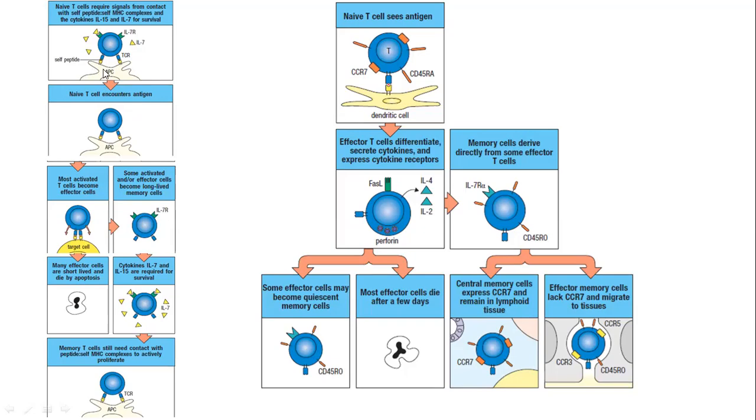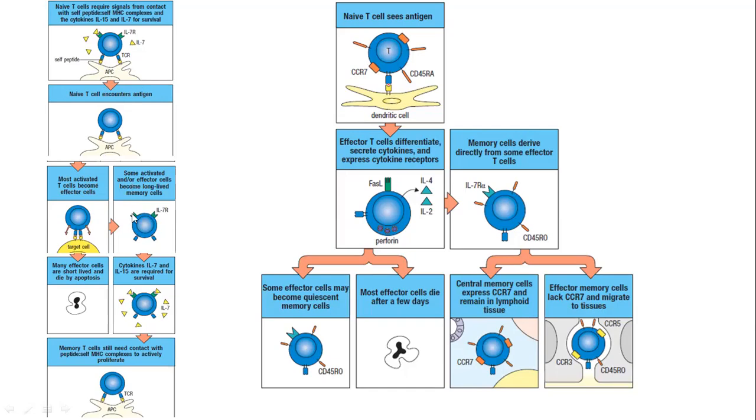Let's assume, for example, that's a dendritic cell, which presents the antigen to the T cell. Once the T cell encounters an antigen, it undergoes activation, and most of the T cells become effector cells, and some of them differentiate into memory T cells.